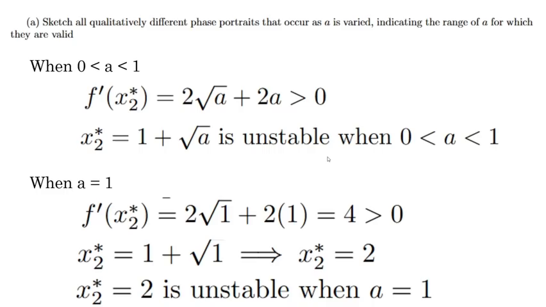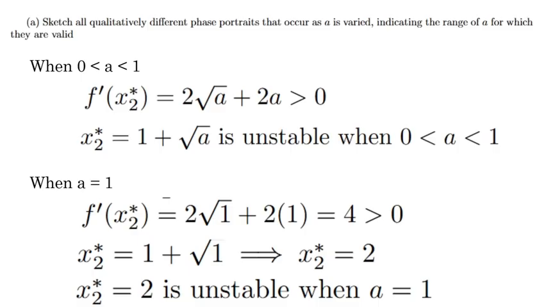Now let's look at when a is between 0 and 1. We get that the derivative is equal to 2 root a plus 2a, which is always positive because a is always positive. Therefore, x2 is unstable when a is between 0 and 1.